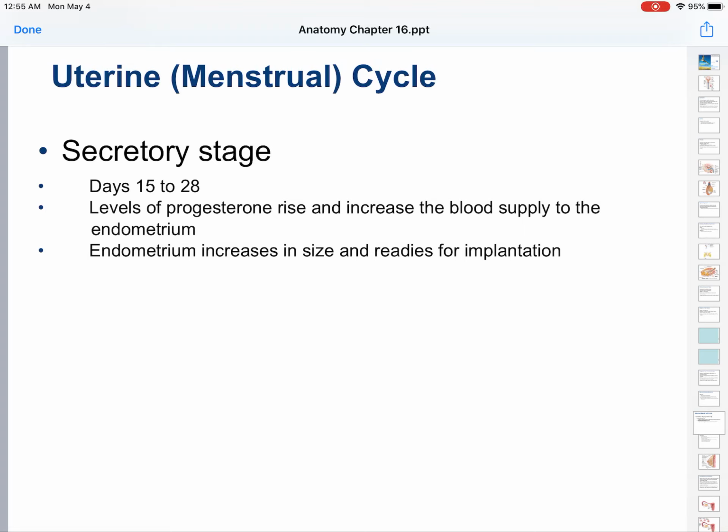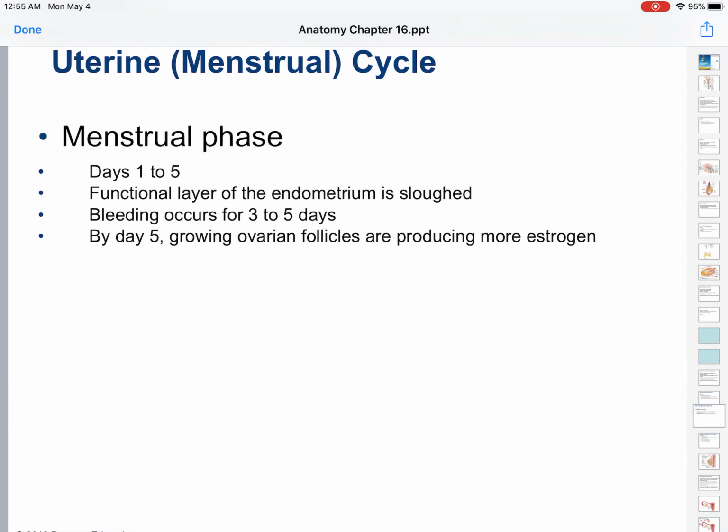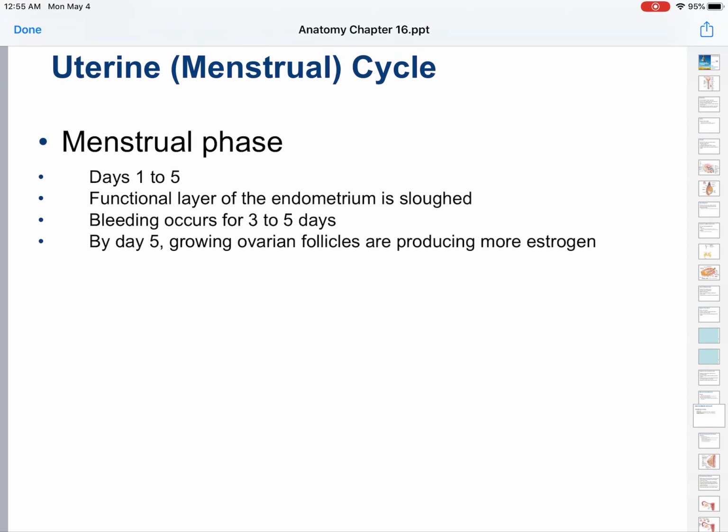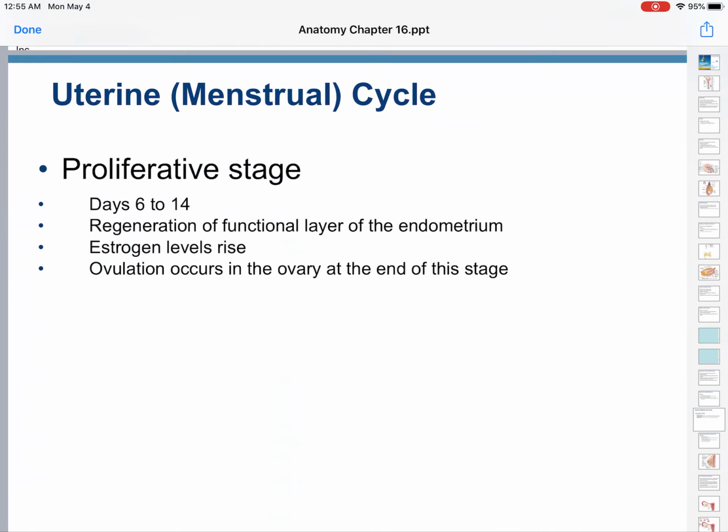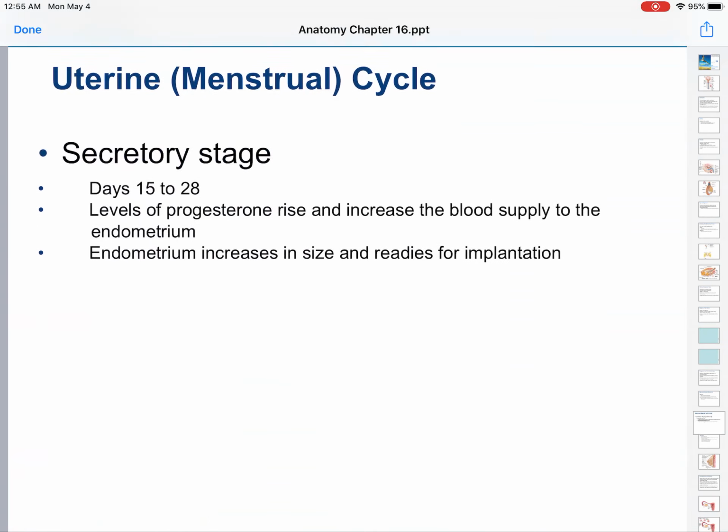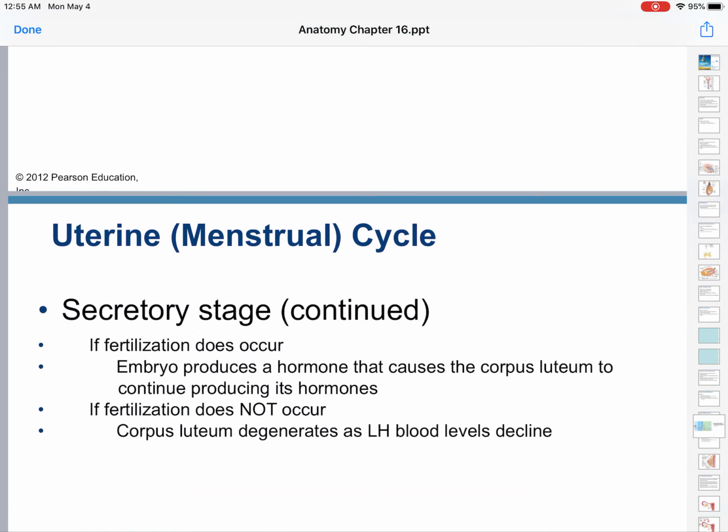If there was a fertilized egg, it will implant into the endometrium, and the endometrium will feed the embryo and keep nourishing it as it develops. If there was no fertilization, we go back to the menstrual phase and continue the cycle all over again for the next month.